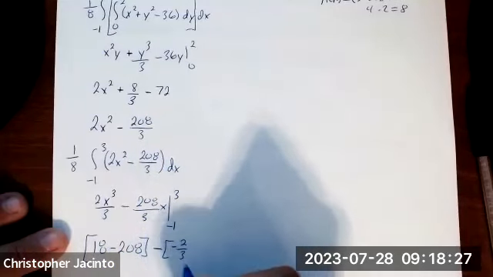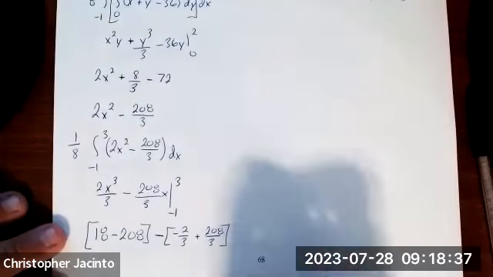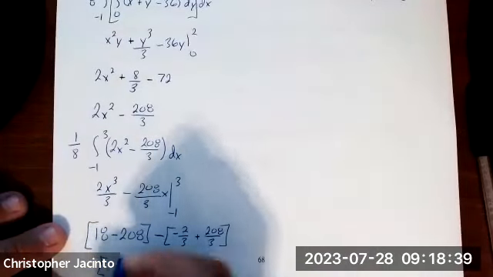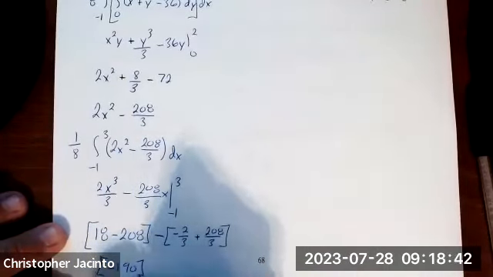And on this side, it gives you a positive because negative gives you a positive. So this ends up being 190 minus, putting these together, positive 206 over 3. And then don't forget you're multiplying by 1/8 at the very end.